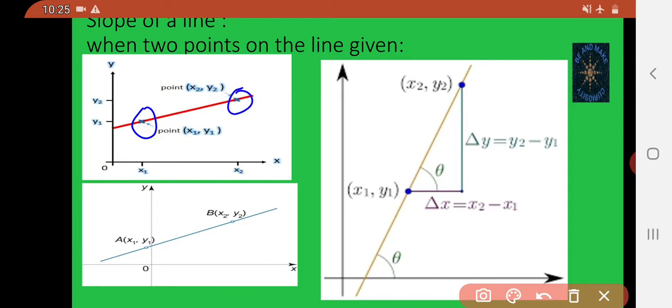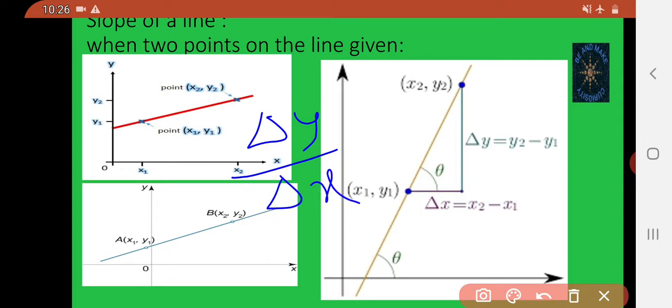Then how can we find the slope of the line? Here 2 points are given, and you know the definition of slope: change in y by change in x.